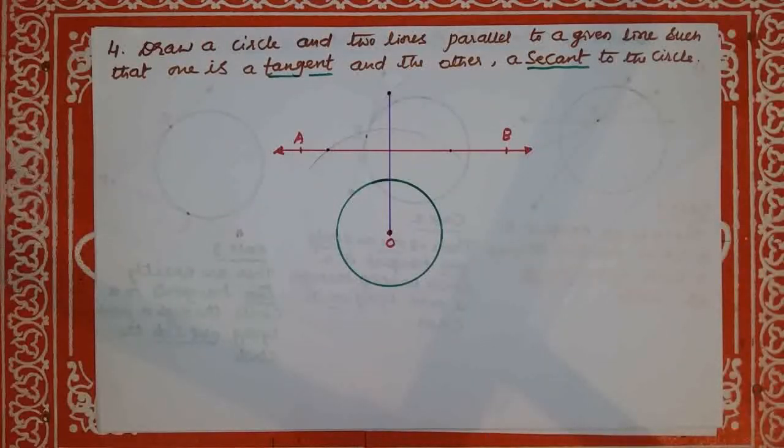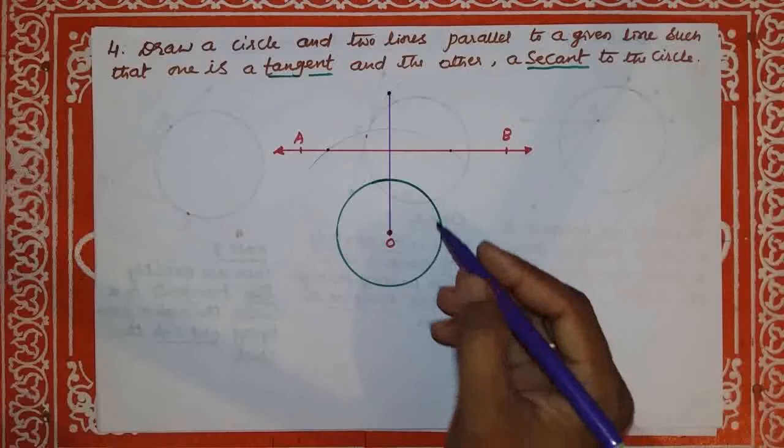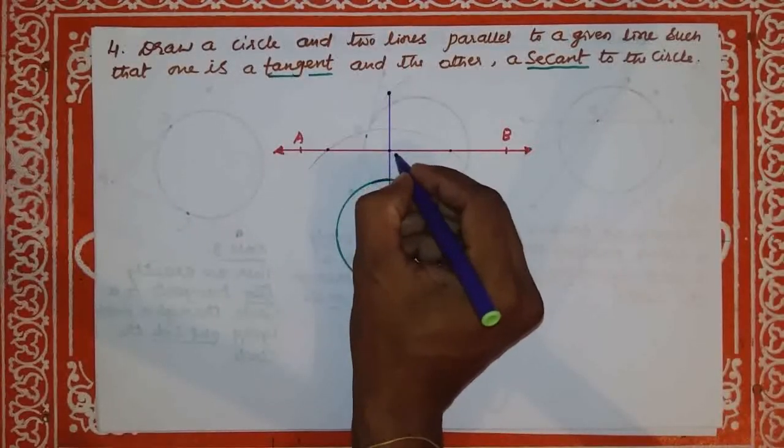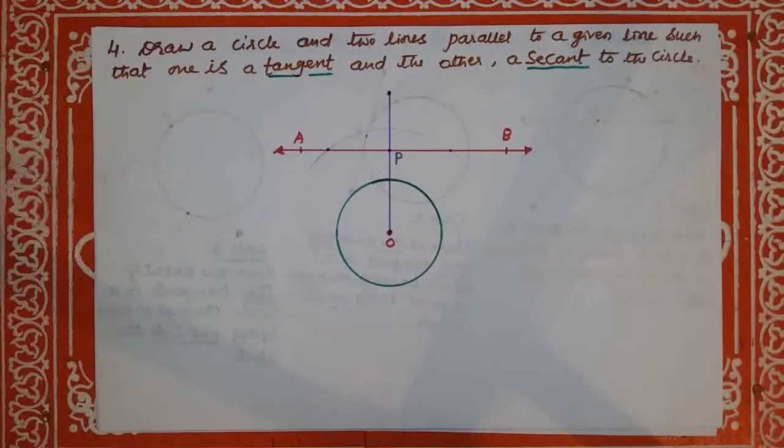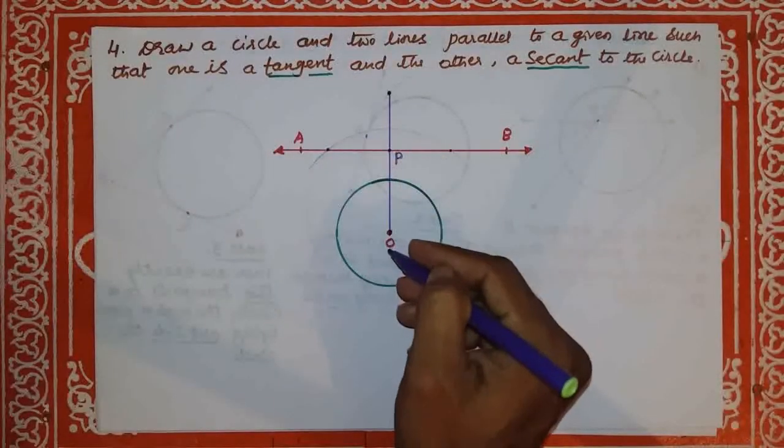Let us see now. I will name the foot of the perpendicular P. Now take two points on the line PO.